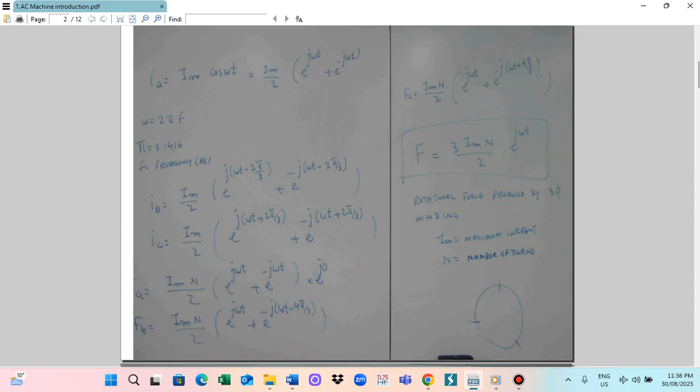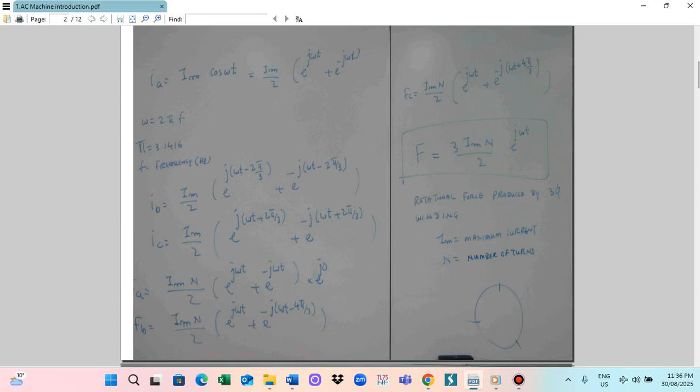We can calculate IM multiplied by N by 2, so that will be e power j omega t plus e power minus j omega t, into e power j0. So this is how we calculate FA.